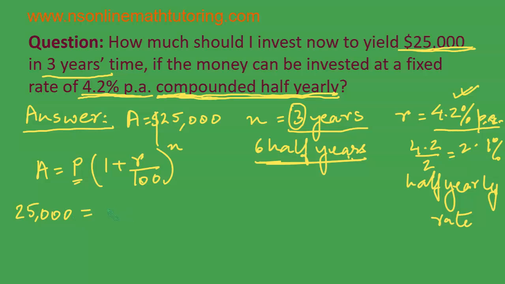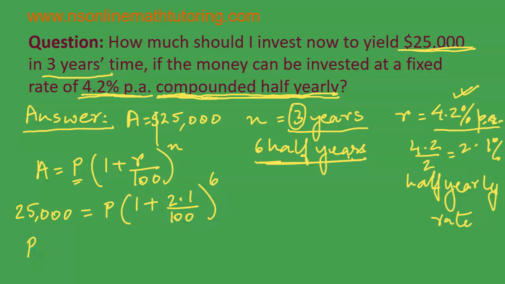We do not know P. We have to find the value of P, and 1 plus, in place of R, we write 2.1 over 100, and in place of N, it is 6. So now we have to find the principal.